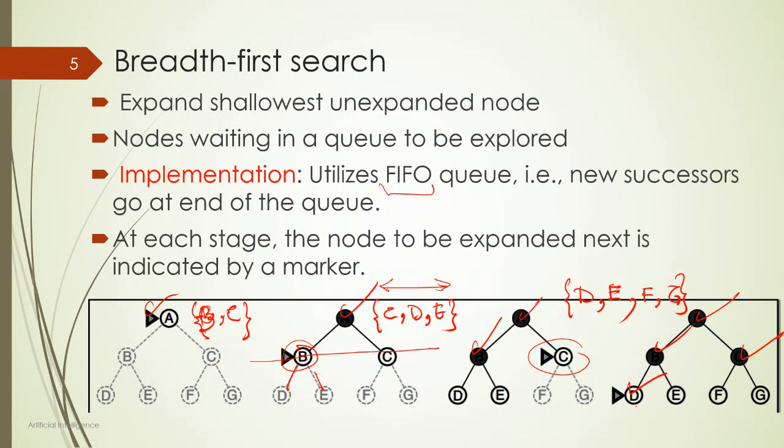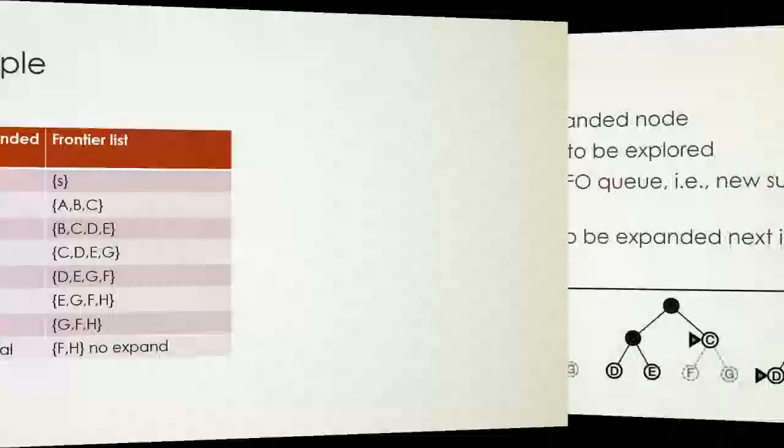When I get to D, I'm checking D, so my list will be E, F, G, and the children of D. I can't see them here, but whatever children it has will be in my queue to be checked. And you can see when you are going down, this queue might grow larger and larger.